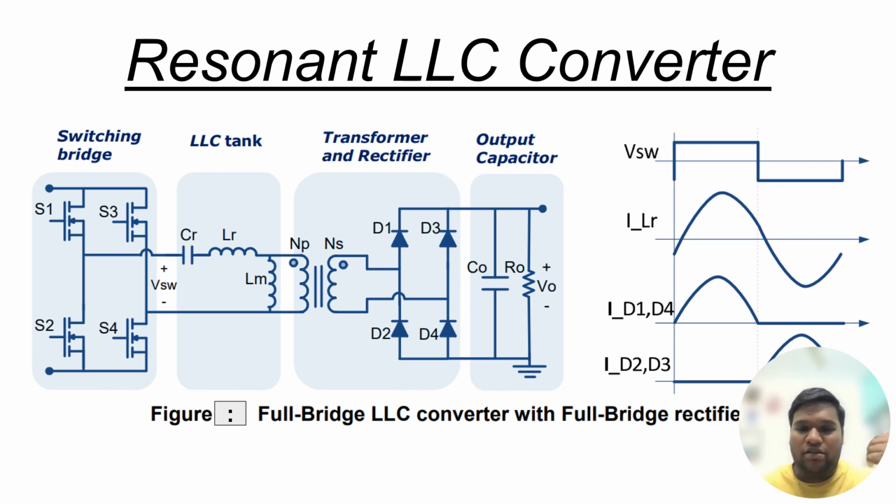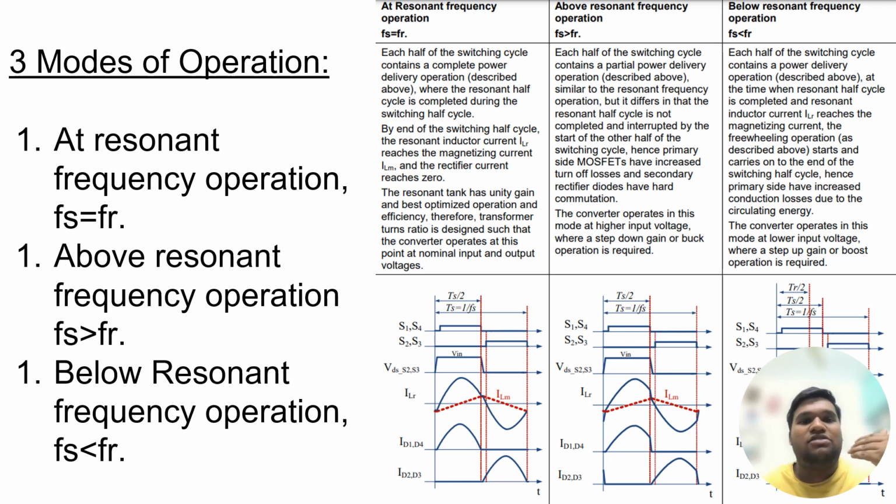Moving on, there are three modes of operation of this circuit. One is at resonance frequency, and the other two are above resonance and below resonance frequency. Resonant frequency is where I reach my peak signal. However, depending upon the switching frequency, the performance of this circuit also matters.